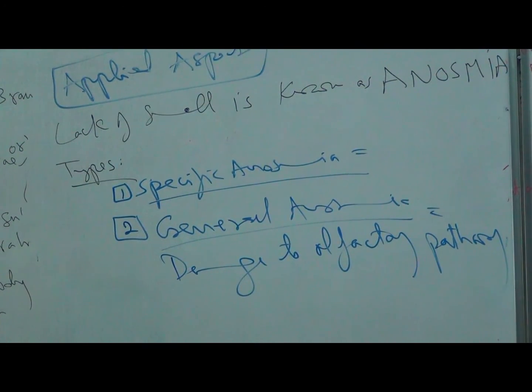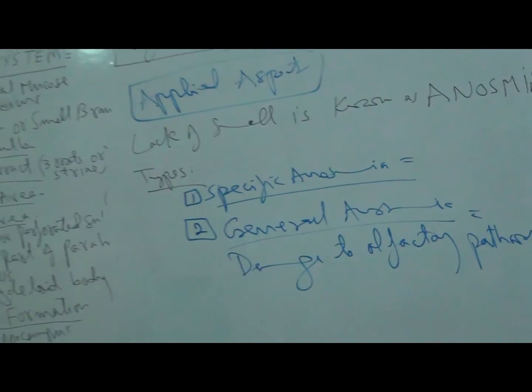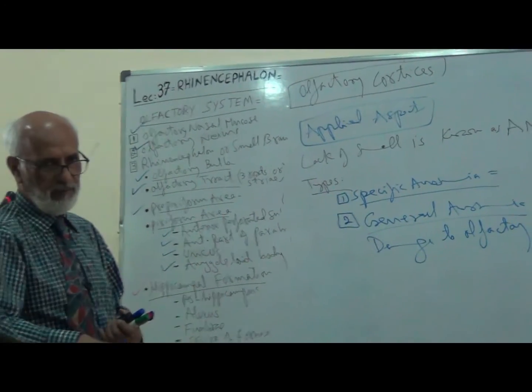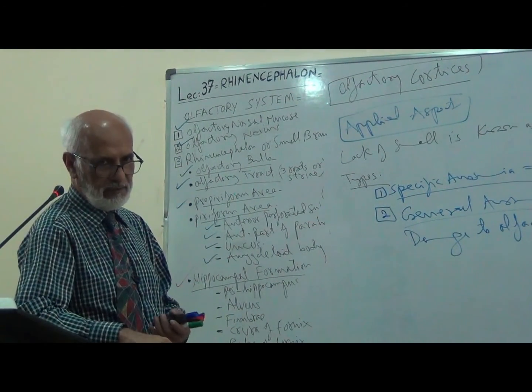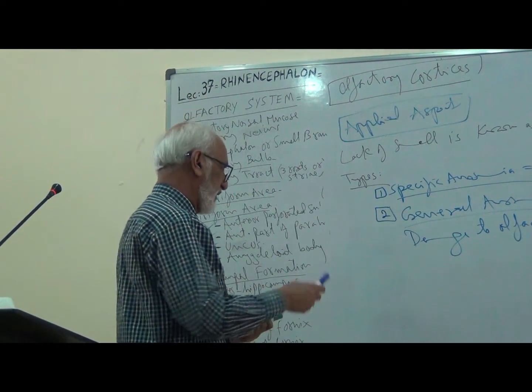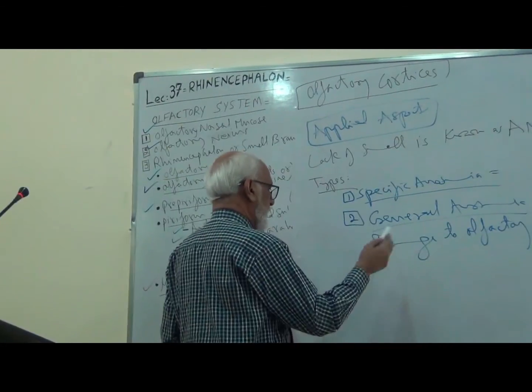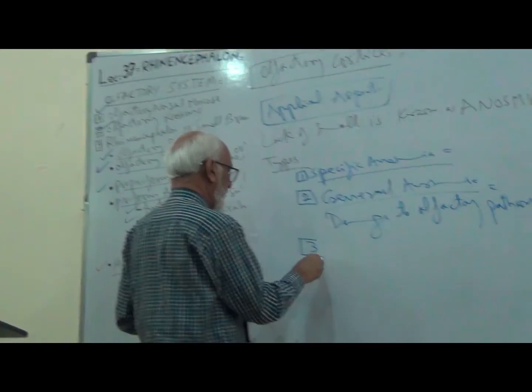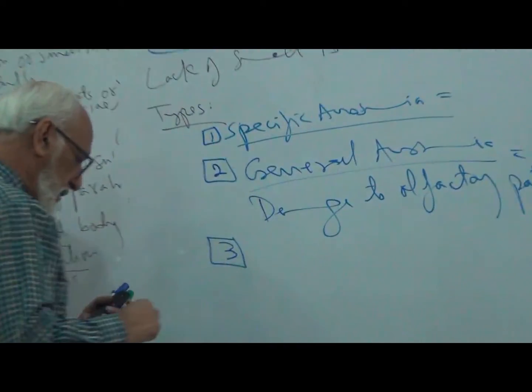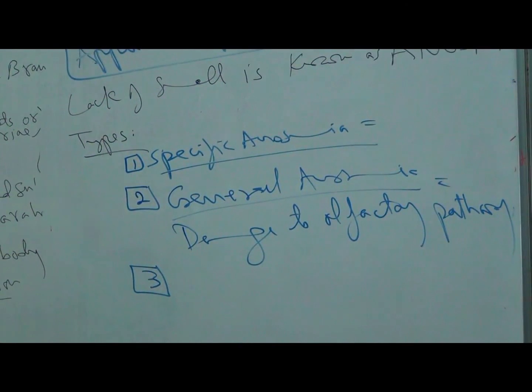So it is usually unilateral because there is more possibility that the olfactory pathway may be damaged on one side and not on the other side. So one of the features of it is that it is unilateral because of damage to any part of the olfactory pathway.